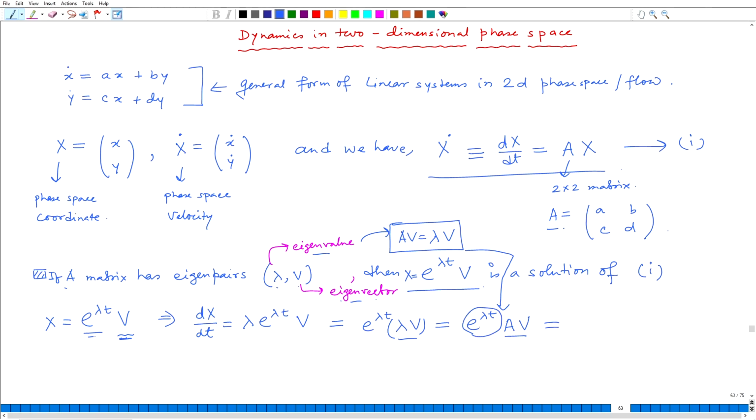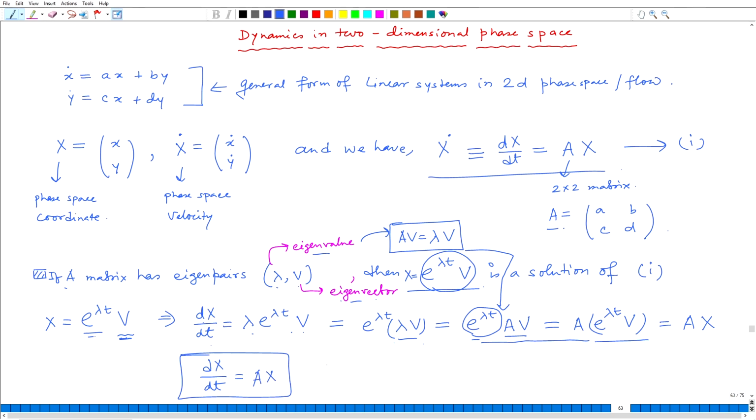E to the power lambda t is a scalar, so it will simply be multiplied to the vector itself, e to the power lambda t times v. Then, if you start by saying dx dt is equal to this, through all these steps it finally gives you A times x. So, basically this is a solution of an equation looking like dx dt equal to A times x.